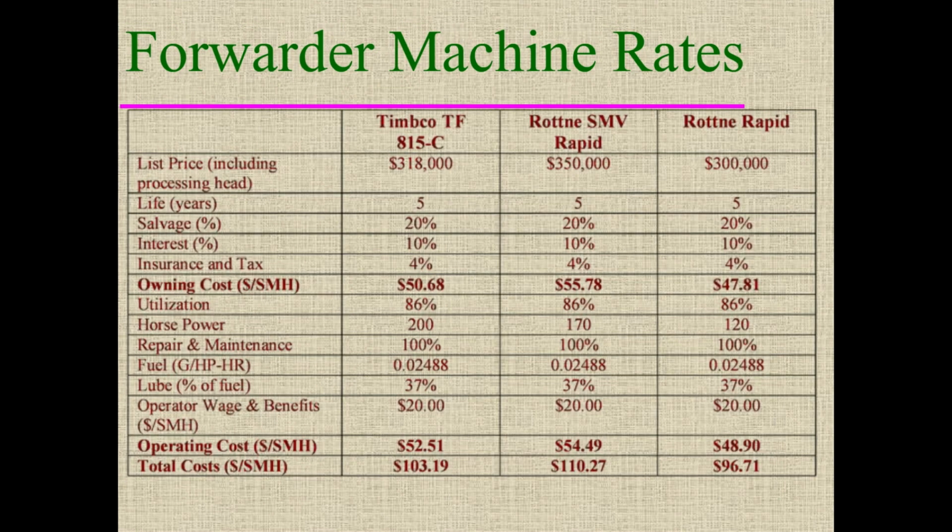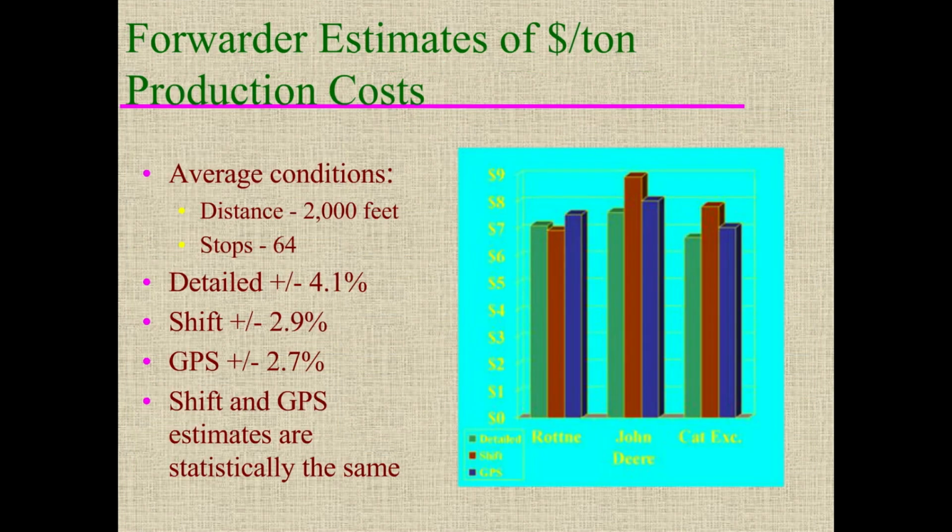Here's another set of machines, a forwarder, and you can see the forwarders are less expensive and they have lower operating costs. It results in different production costs as well for these machines. And one of the things we did with the forwarder was try to estimate its cost by putting a GPS machine on it that would allow us to track its activities.